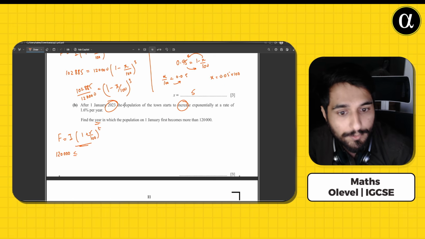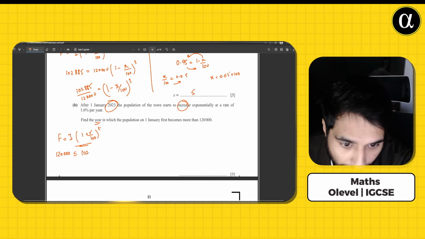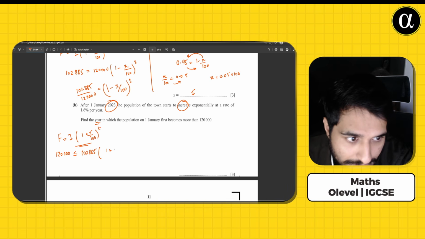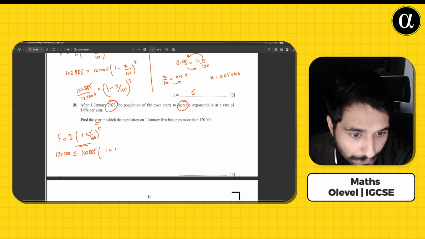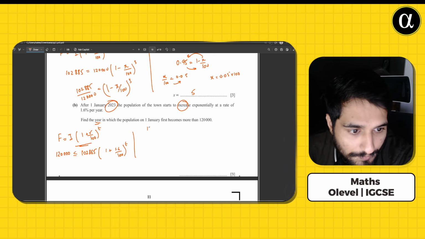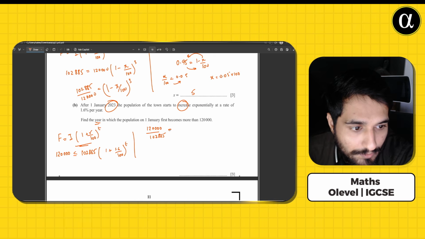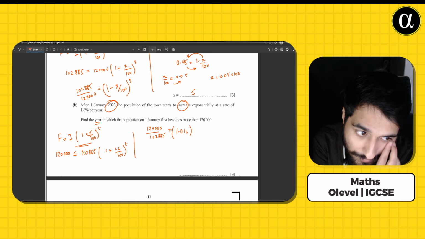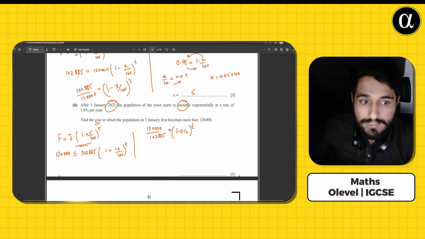which is 102,885 times 1 plus R. Do we know the rate? It's 1.6 over 100, and the power is unknown, which is T. Now this value will be divided on the other side, so it becomes 120,000 over 102,885 is equal to 1.016 to the power of T. Now let's see what happens.